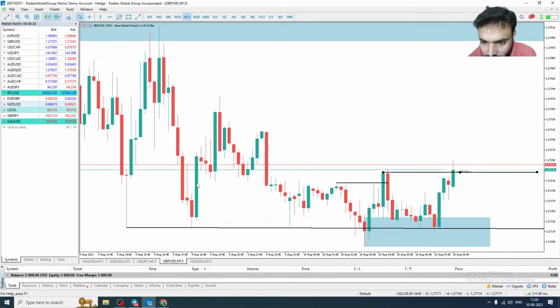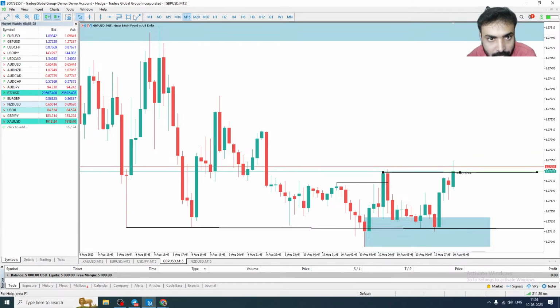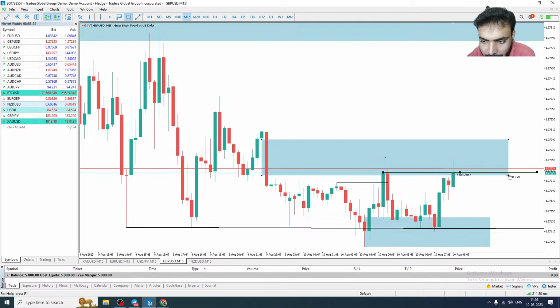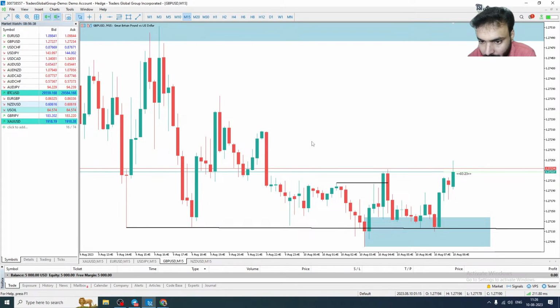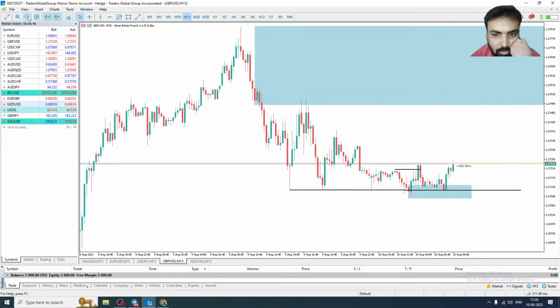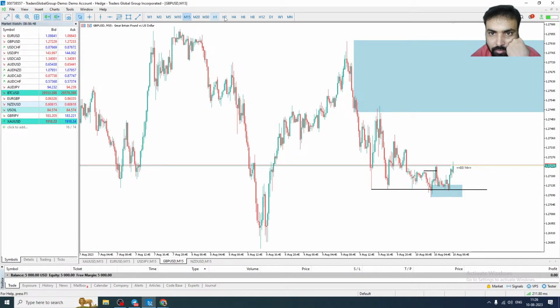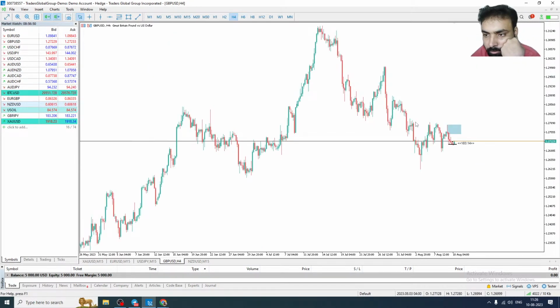Break of structure is happening. Imbalance also filling. Now this is really the riskiest trade. Why? Because if you go to the 4-hour time frame, market is still bearish.